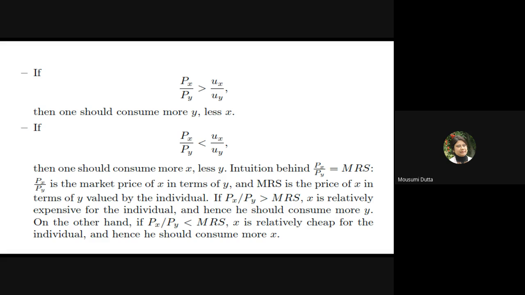If Px by Py is greater than MRS, X is relatively expensive for the individual, and hence he should consume more Y. On the other hand, if Px by Py is less than MRS, X is relatively cheap for the individual, and she should consume more X. So this is the idea.